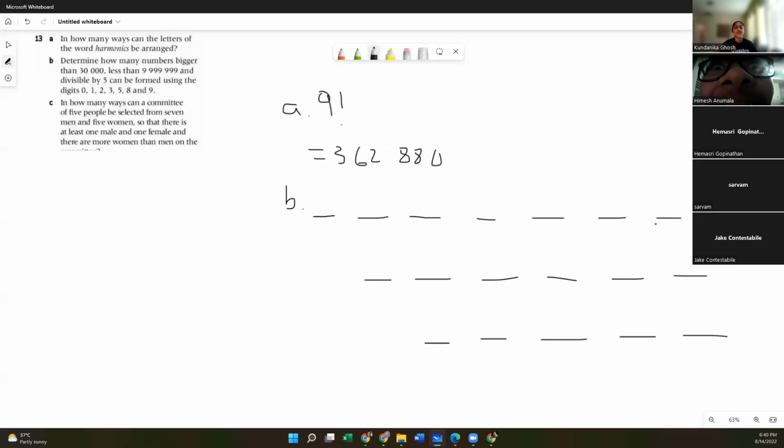However, we can have a 7-digit number, because think about it: 9,999,995 is in between 30,000 and the last number, and it's divisible by 5, so it would be part of the set. If you have 30,005, that's divisible by 5, it can be formed using the digits they give us, and it's in between 30,000 and 9,999,999.